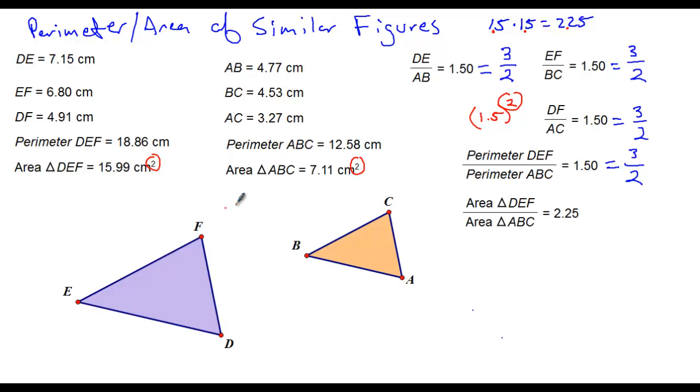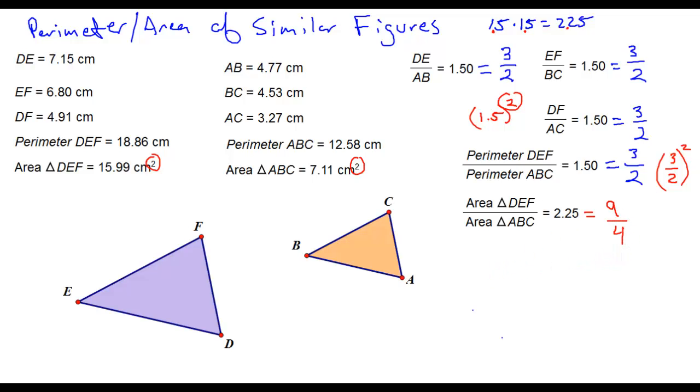So that's an easy way to remember that the similarity ratio between the areas of two figures is always going to be the similarity ratio of the side lengths, but squared. So what does that mean? Well, what is 3 over 2 squared?